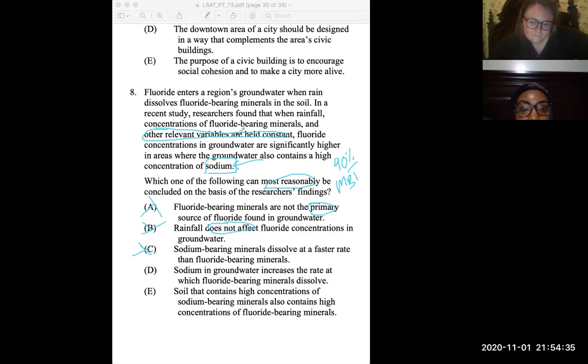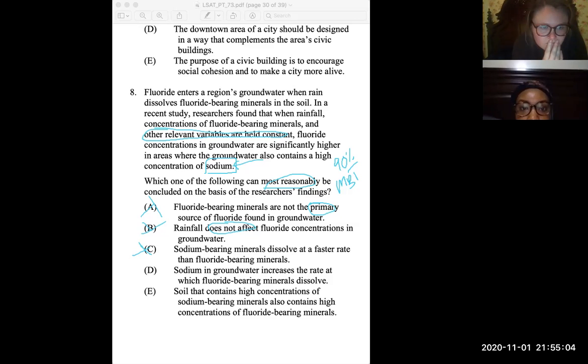What about E? That contains high concentrations of sodium-bearing minerals also contain. Oh yeah, that was what I picked. I picked E. I don't think we know where it comes from. We don't mention sodium-bearing minerals at all, do we?